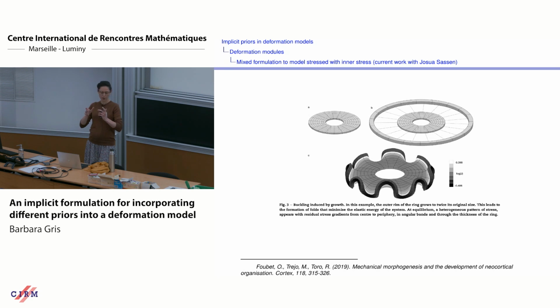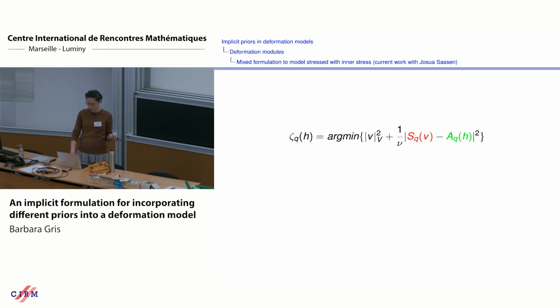But the inside rim has no growth. And then typically what you observe is this kind of deformation pattern. Can we recover this with the implicit modules of order one that I showed? So minimizing this kind of functional, sorry. The answer is no.